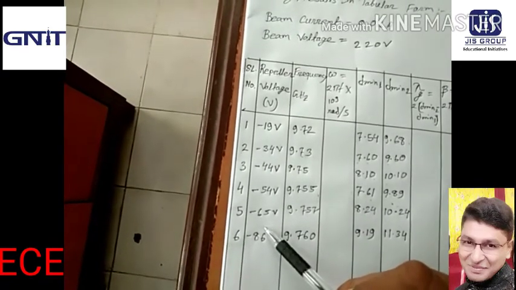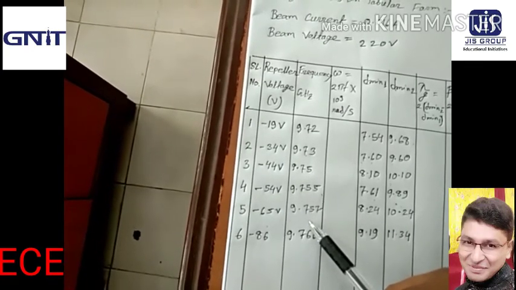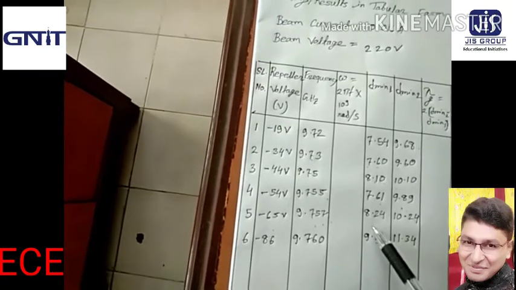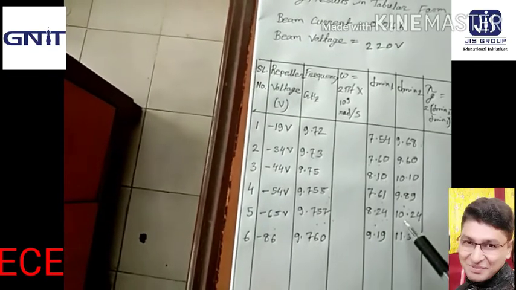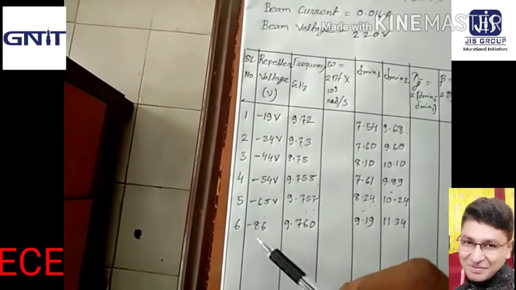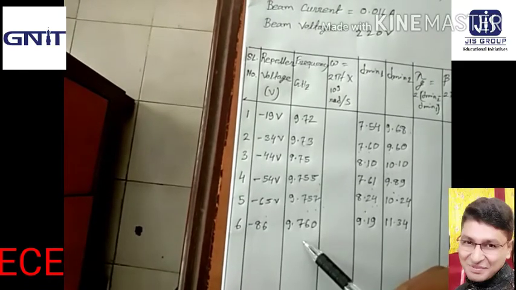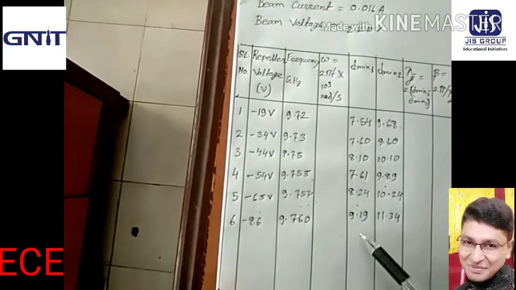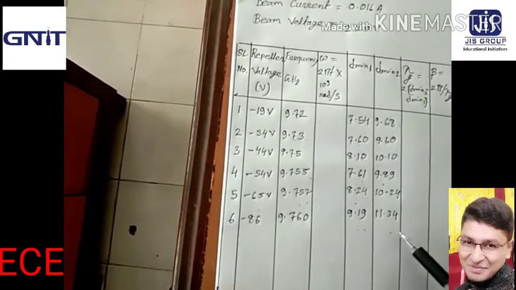Fifth minus 65 volt, 9.757 gigahertz frequency, D min 1 8.24 and D min 2 10.24. And last minus 86, frequency 9.76 gigahertz, D min 1 9.19 and D min 2 11.34.